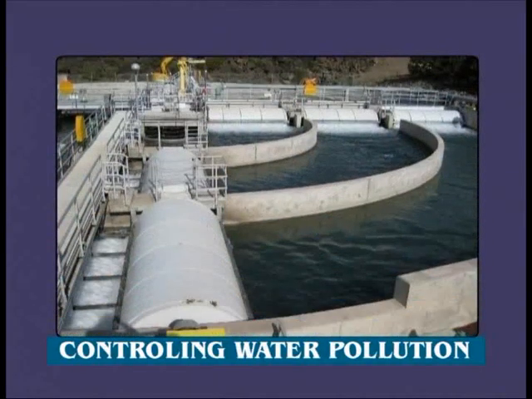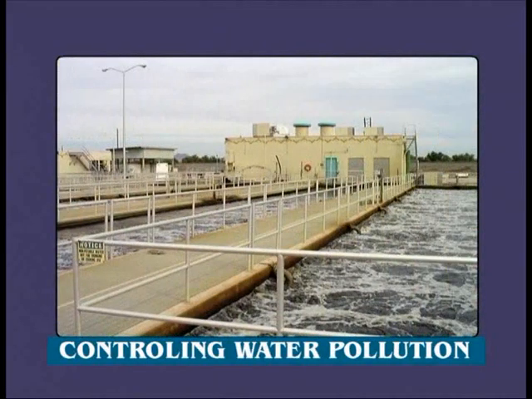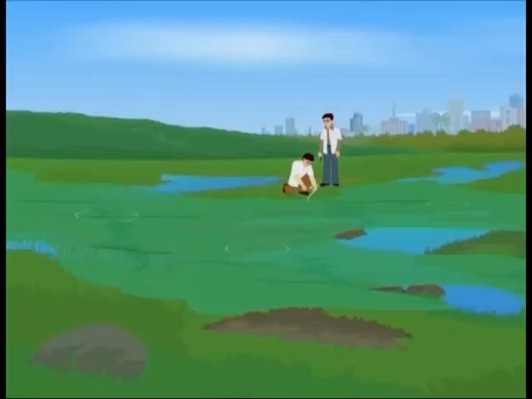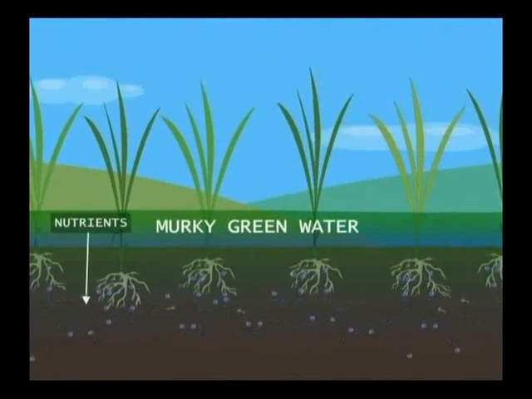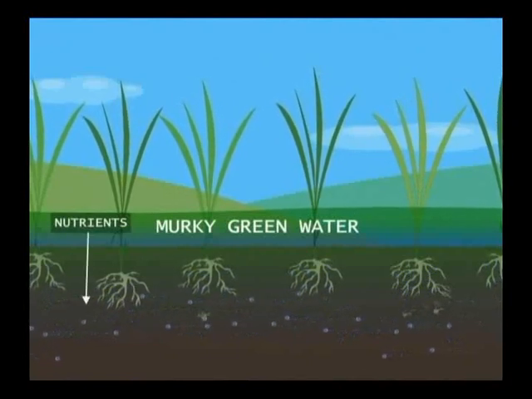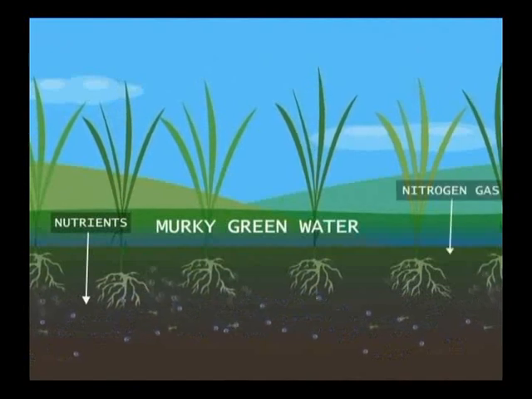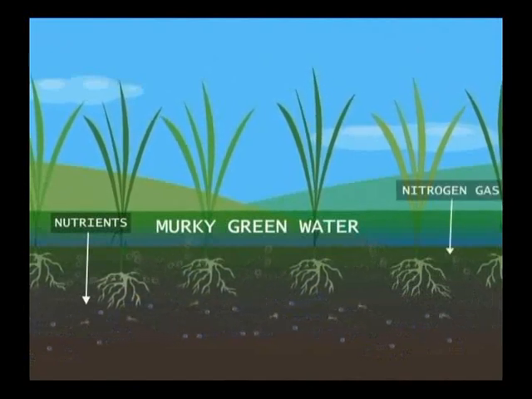Various steps are being taken to control the problem of pollution. One natural method is to let the water pass through a marshy wetland first. The growing wetland plants take up some of the nutrients and bacteria and turn some of the nitrates into harmless nitrogen gas.